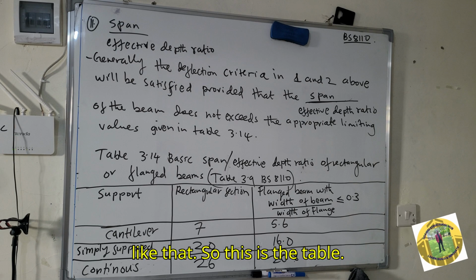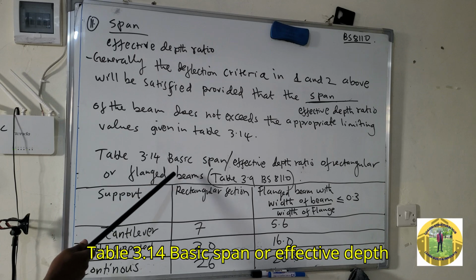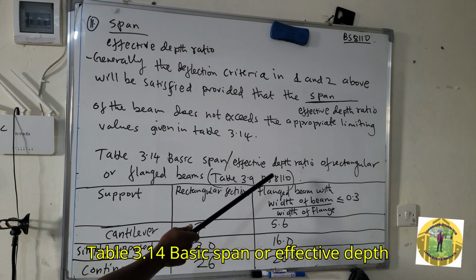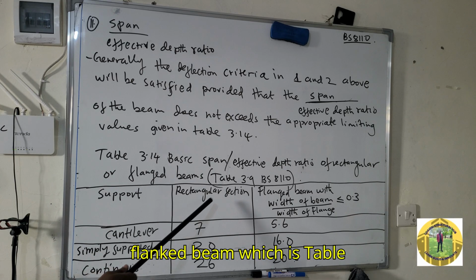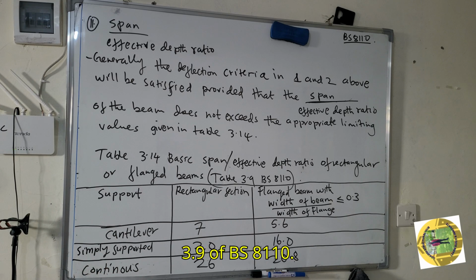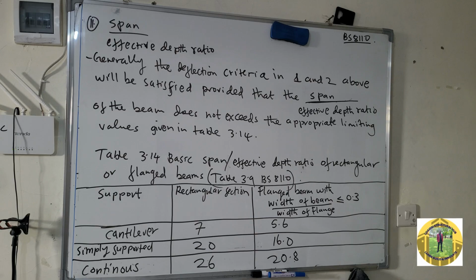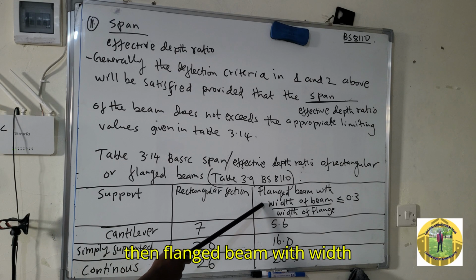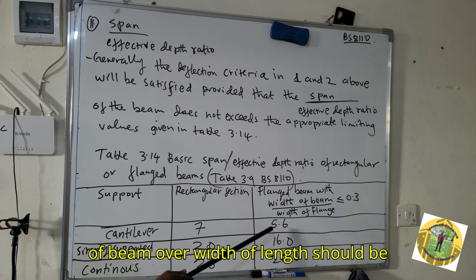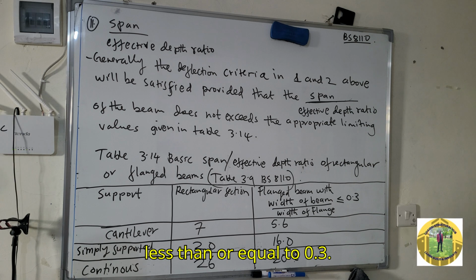So this is table 3.14, basic span over effective depth ratio of rectangular or flanged beams, which is table 3.9 of BS 8110. So you have support rectangular section, and then flanged beam with width of web over width of flange less than or equal to 0.3.